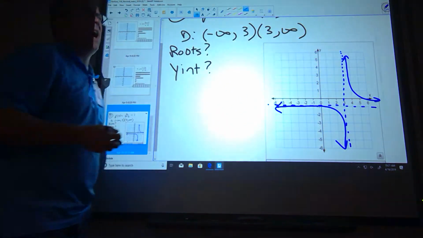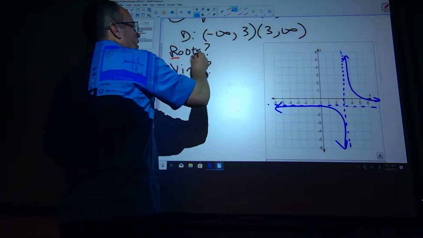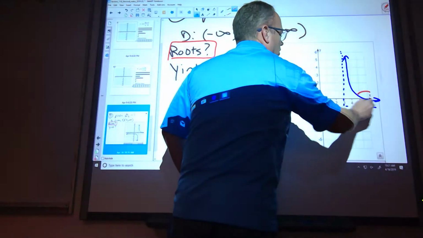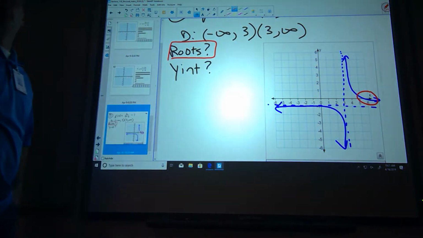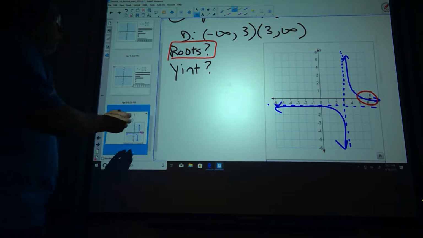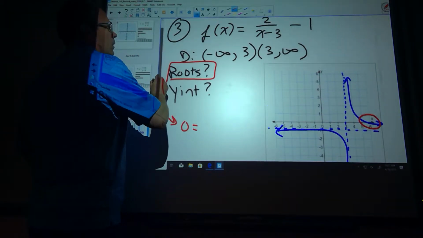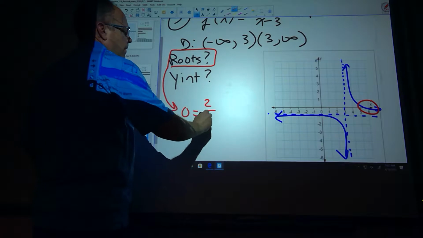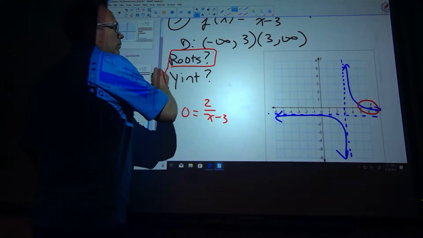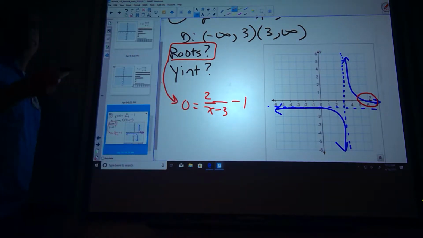Now we can kind of put in where our roots would take place. Because this crosses somewhere in here, we have a single root. That root means my y value is 0. Is that okay so far?